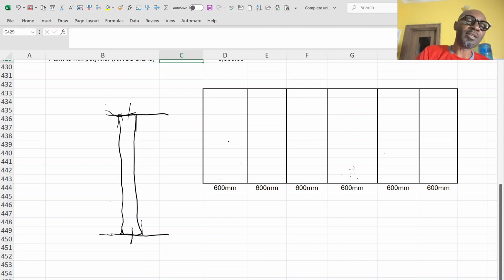So then the board will now come against it this way. The board will now come against it, since you are cladding both sides, this way. And you are now screwing the board against the vertical profile and the top bar.